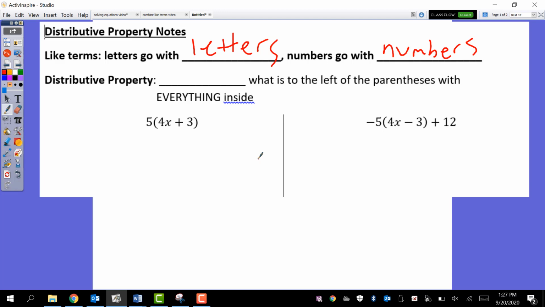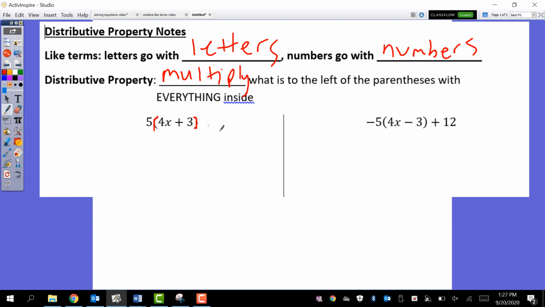And what that means is that you're going to multiply what is to the left of the parentheses with everything on the inside. So if I look at this question, all of a sudden I'm seeing these little parentheses right there. Those little curvy things, those are parentheses, okay? And anytime I see parentheses, in my mind, that's telling me I need to multiply.